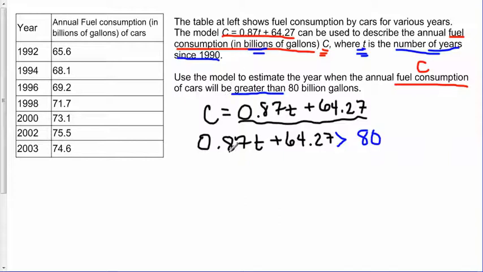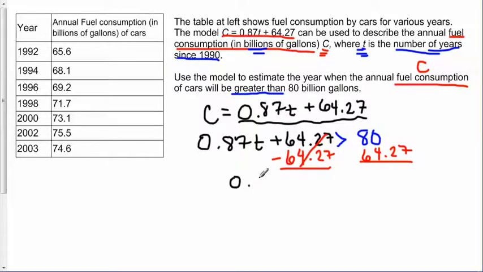So let's see if we can solve this inequality. First thing we need to do is get the 64.27 to the right side of the inequality, so let's subtract that from both sides: 64.27, again 64.27. This is the sort of problem where using a calculator would be a totally appropriate tool, so I'm just going to come up with the values rather than showing everything longhand.